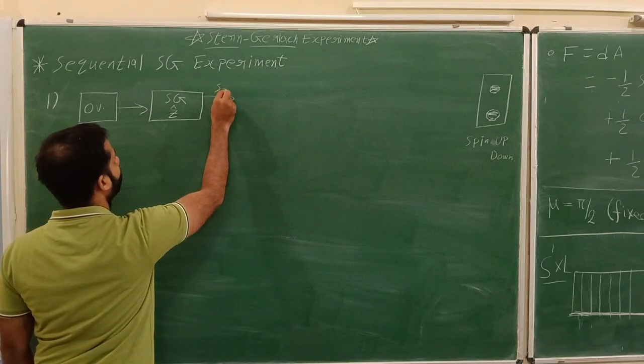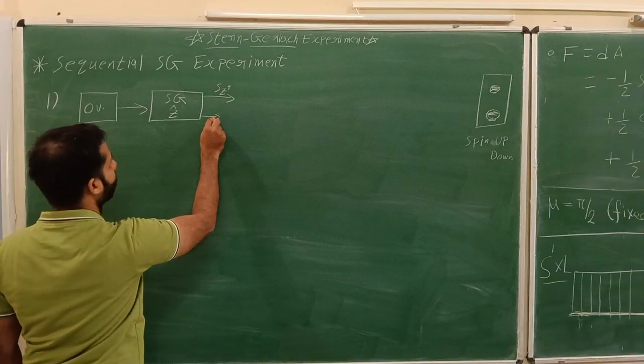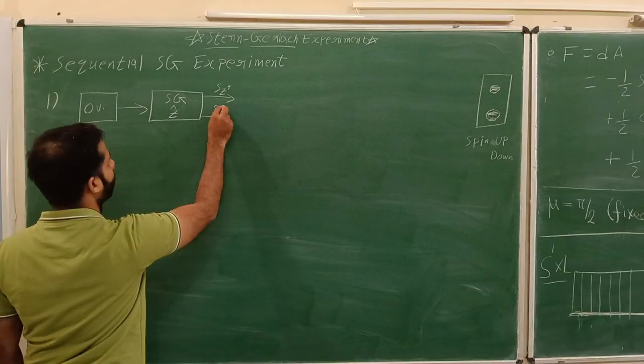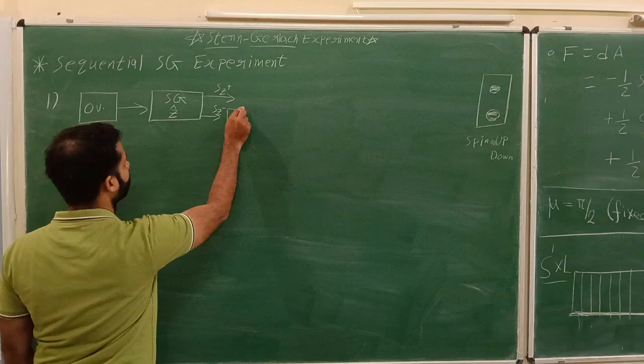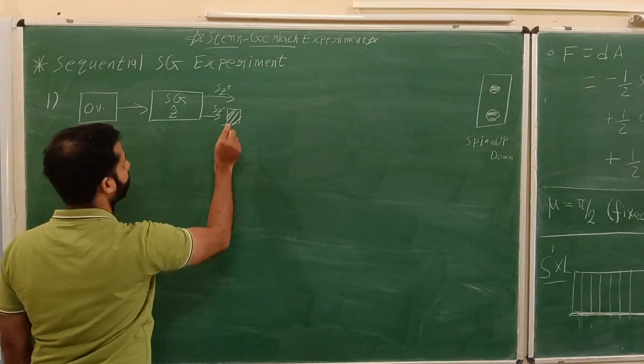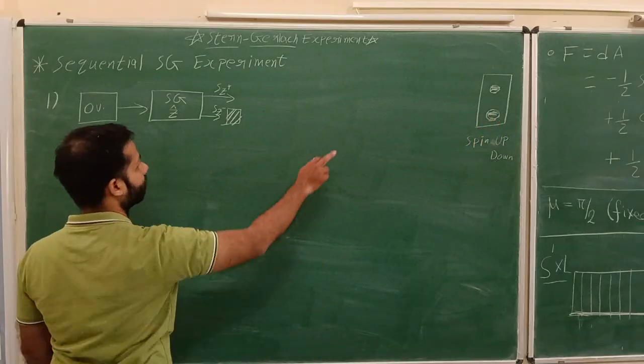We call them SZ plus and SZ minus. But what you do is you block this one. So this dot is not going to be visible, only one.